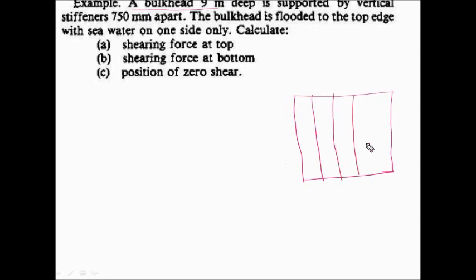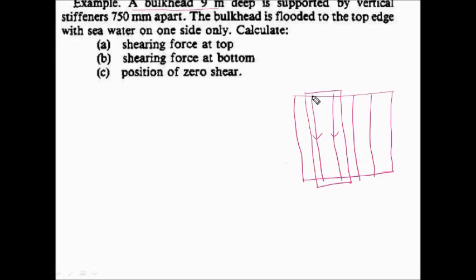So you will have a bulkhead like this, and there will be a number of stiffeners over here. We will take only the two adjacent stiffeners, this and this, and do the calculation only on this rectangular part shown here.